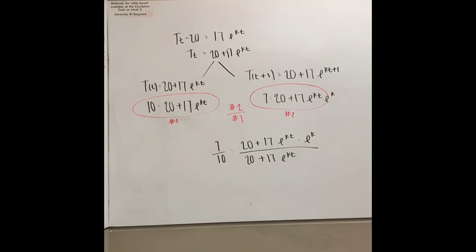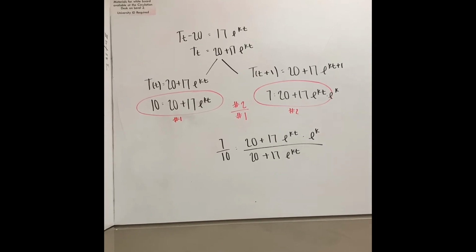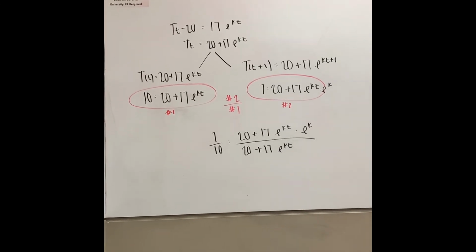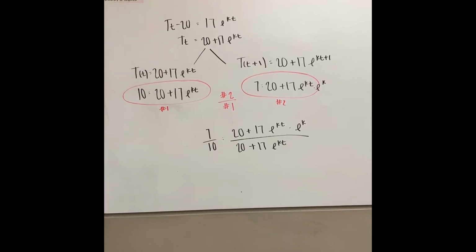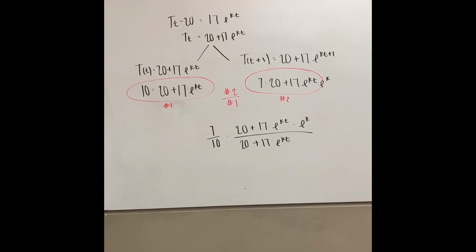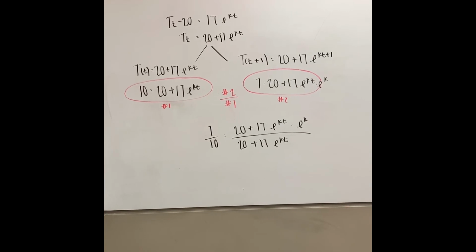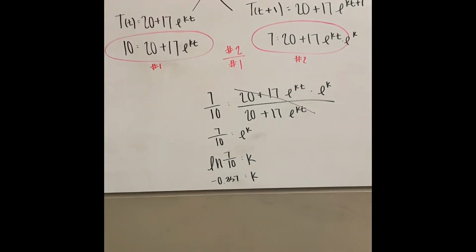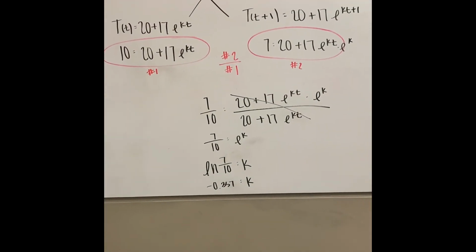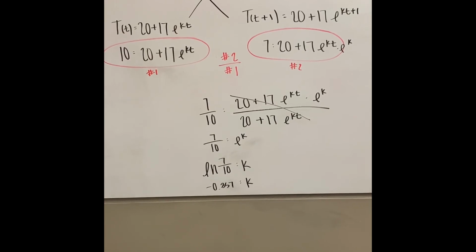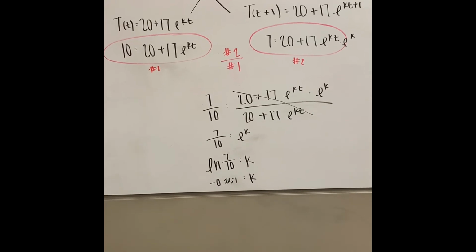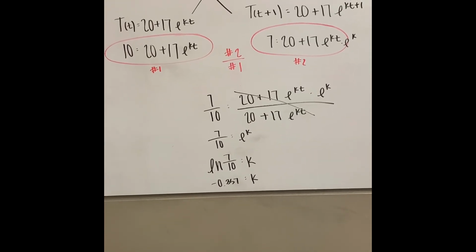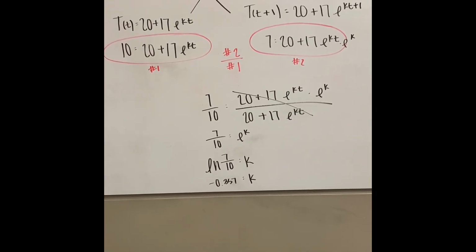So we can use these two equations, putting number 2 over number 1, which gives 7 over 10 equals 20 plus 17 e^kt times e^k over 20 plus 17 e^kt. Because 20 plus 17 e^kt is in both the numerator and denominator, we can cancel it out, leaving us with 7 over 10 equals e^k.